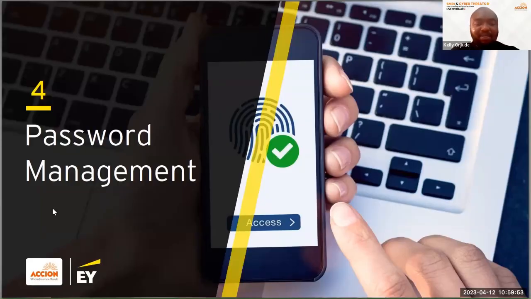Password management. Everyone has fallen victim to this. I would like us to take this poll, okay? Since I believe everyone is familiar. Which of the following is not a best practice for password security? The keyword is not, okay?